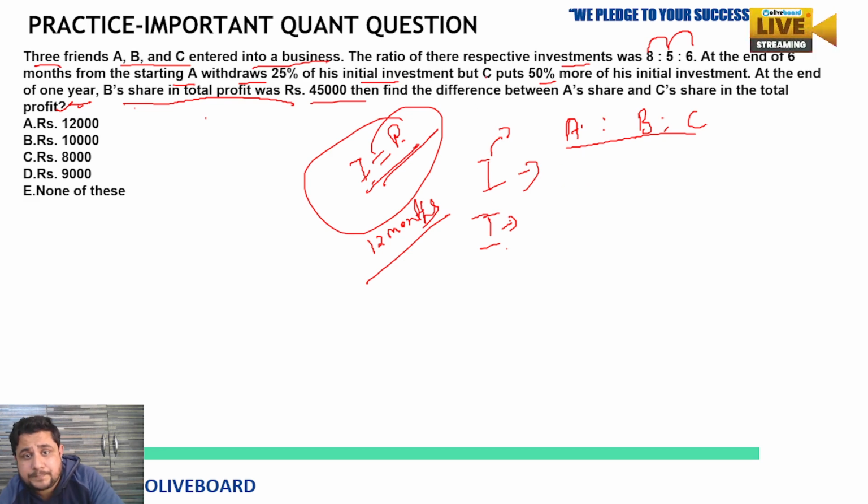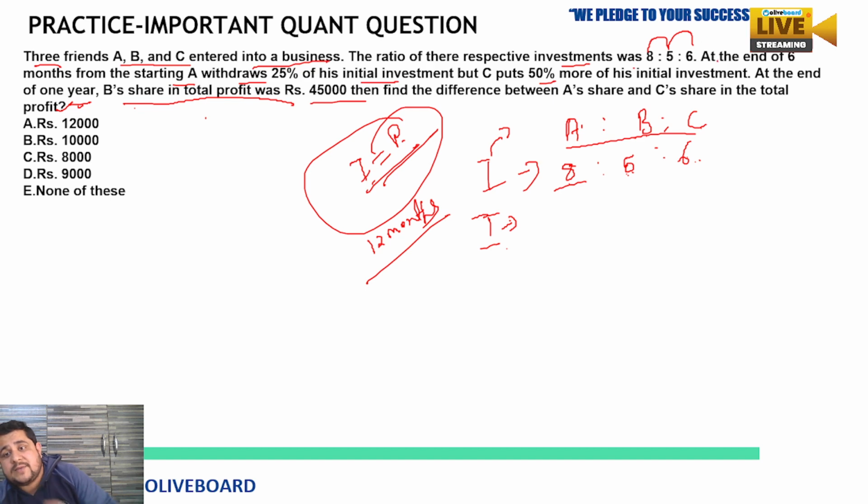See here, the ratio of their respective investment was 8 is to 5 is to 6, total 8 plus 5 plus 6. In investment, 8 parts belong to A, 5 parts to B, and 6 parts to C from the total investment.